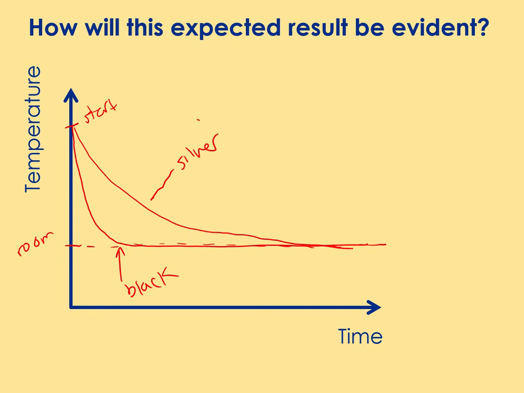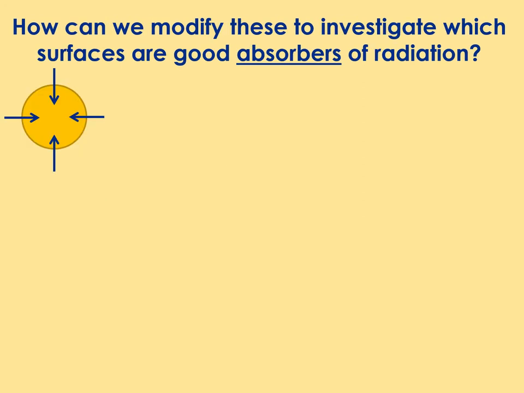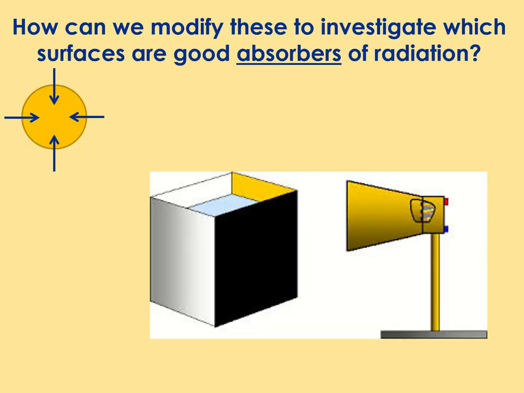Those were both for emitting. You also need to know the corresponding setup for absorbing. So very similar setup. This time you would need to shine some kind of heat source at water, maybe a lamp of some sort. So you would need to keep the lamp at equal distance away from one surface and shine it at that surface for maybe 10 minutes or so.